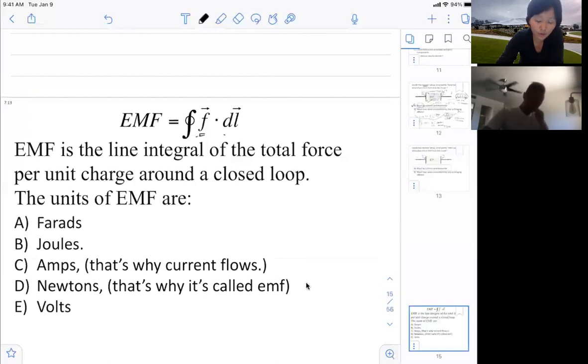Any last minute vote? All right, let's take a look.